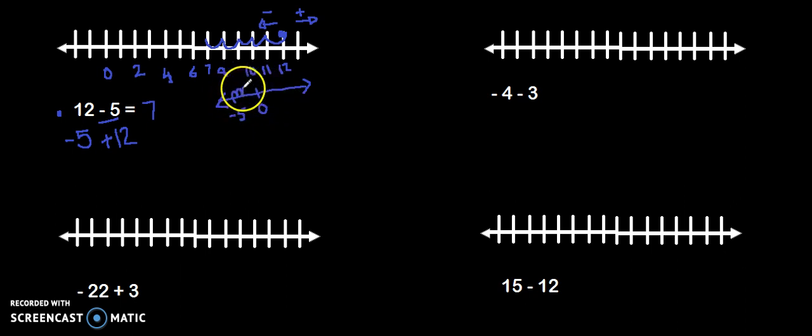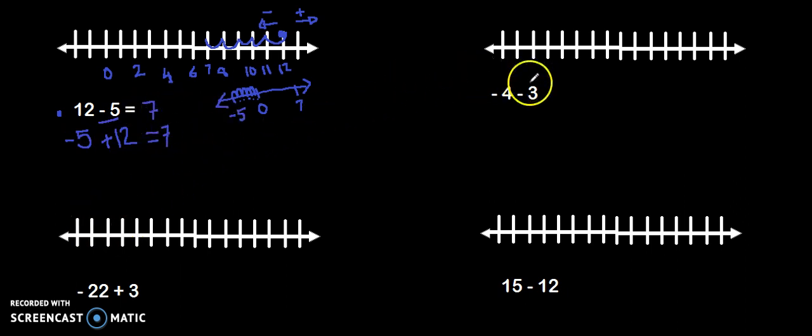Minus 4, minus 3, minus 2, minus 1, 0. So that's 1, 2, 3, 4, 5 spaces to get there. I still need to go another 7. So what will my answer be? It'll be 7. So the same answer, just a different way of writing things.